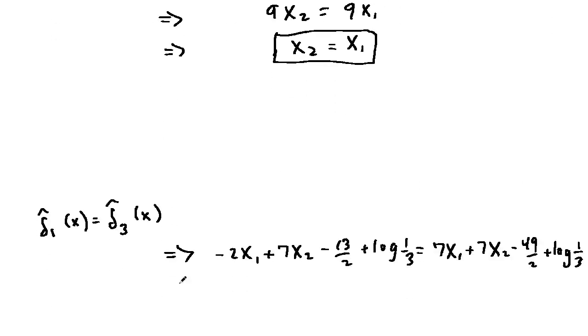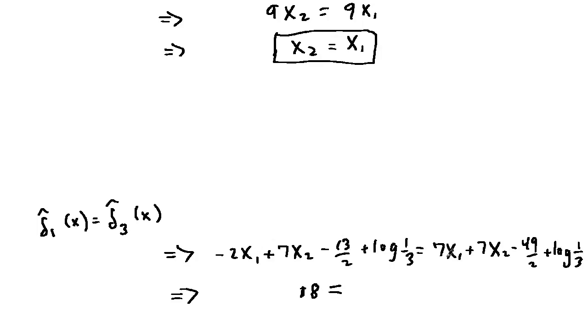Setting delta 1 equals delta 3, we get this. And the 13/2 and the log of 1/3 cancel out. The 49/2 we can bring over here, so we get 18. And the 7x2 terms cancel out.